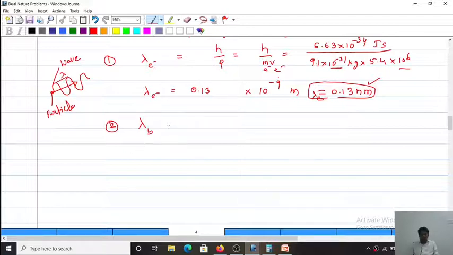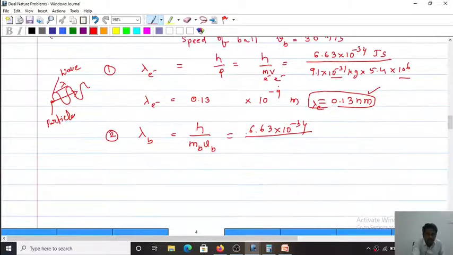For the ball, lambda equals h by mb vb: Planck's constant 6.63 × 10^-34 joule second, divided by the mass of the ball, 0.15 kg, into the velocity of the ball, 30 meter per second.